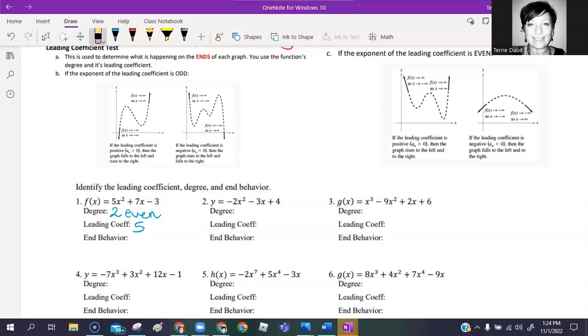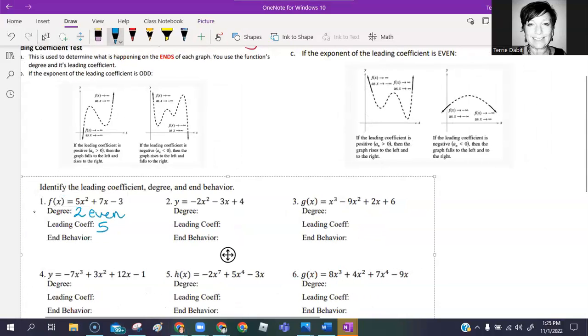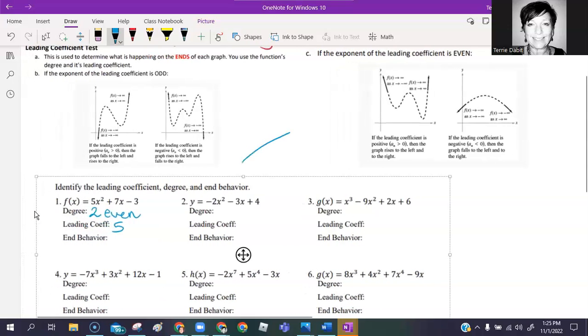My exponent is even, so I'll go over there. My leading coefficient is 5, so 5 is a positive number. So I'm headed over here.